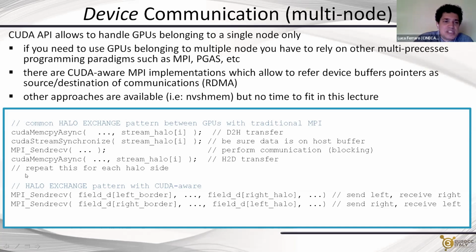So you don't need to explicitly move first data from device on the host and then make MPI call on the data on the host, but you can address the MPI send receive and other MPI calls directly using the pointers of the buffers that are in the global memory of the devices, okay?